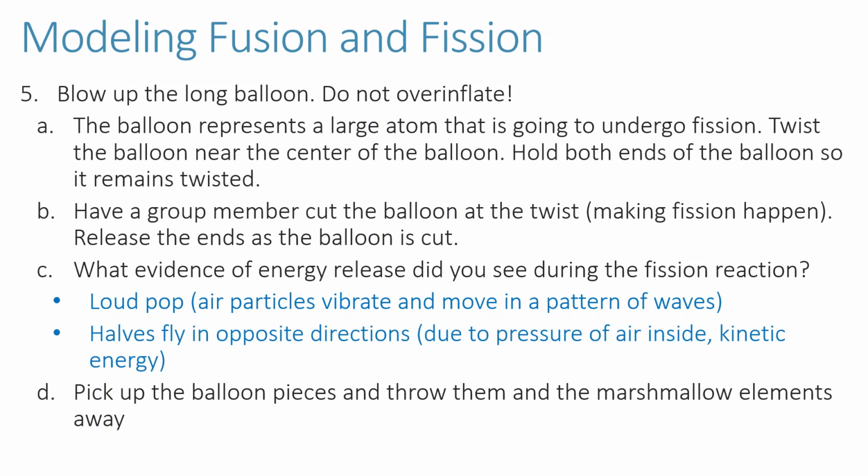So fusion is what happens in our sun. We take light elements like hydrogen and stick them together, fuse them into heavier. Fission is the opposite. We start with a big, heavy atom and we split it apart into smaller pieces.